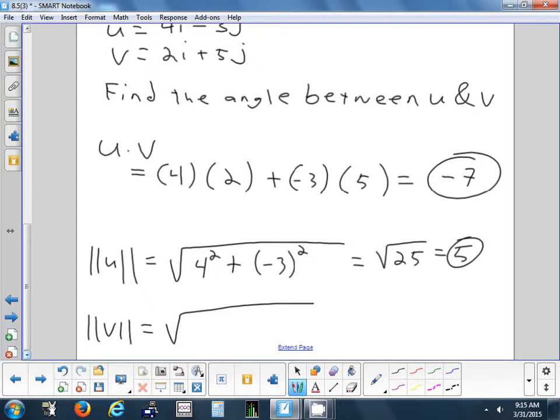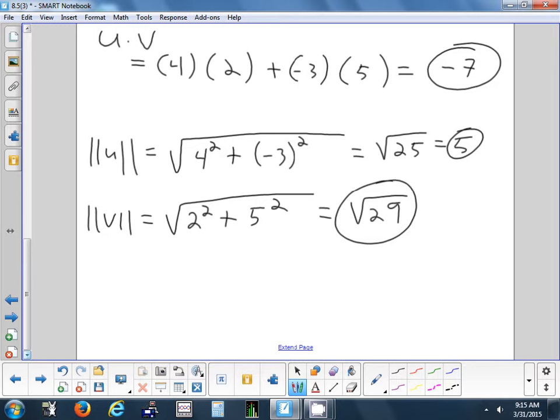And Julia, can you give me my formula to find the length of v? 2 squared plus a half squared. And Tiara, when you add that up, 4 plus 25 gives me the square root of 29. Can we reduce that? No. You can check if 4, 9 or 16 goes into it. None of those do, so we just leave it.